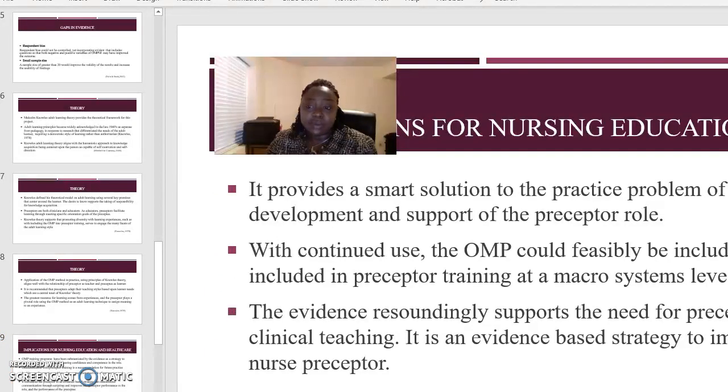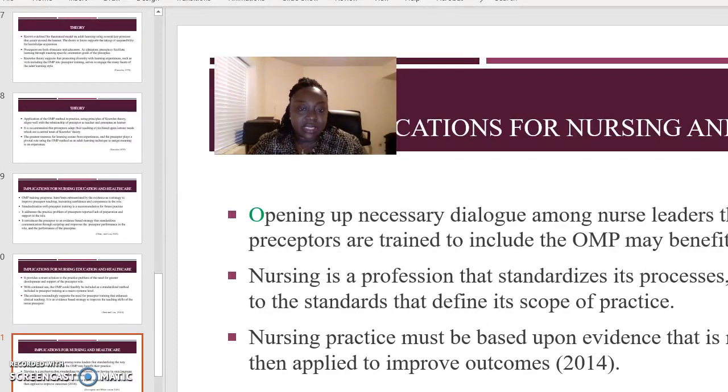It is a smart method of helping both the preceptor and the preceptee, because the preceptee is able to find out in summary what needs to be done, and that way knowledge is attained. It also opens up a necessary dialogue among nurse leaders by standardizing the training, and nursing as a profession gets its own language from that standardized process.